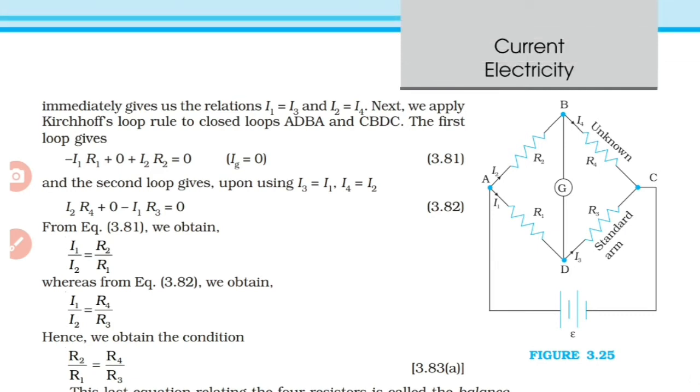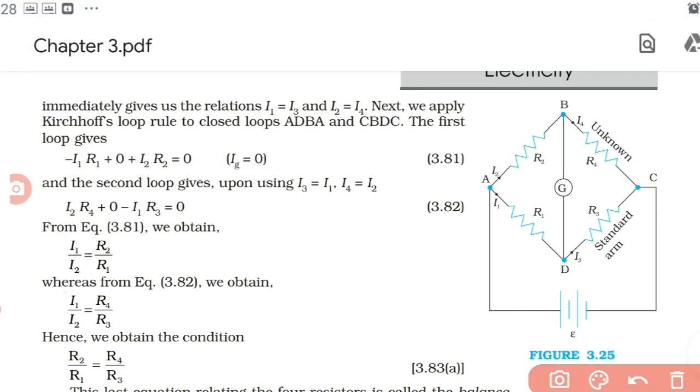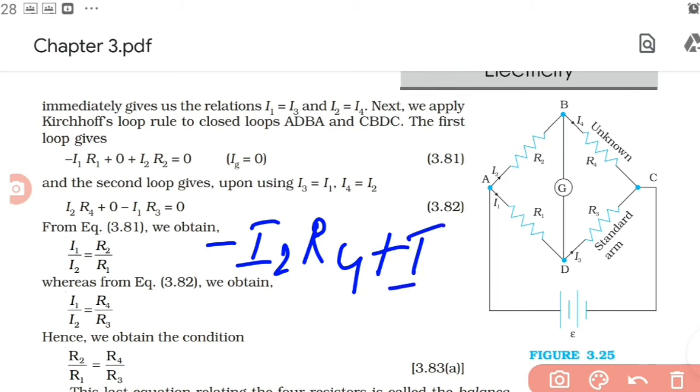So our equation becomes minus I2 R4 plus I1 R3 equal to 0. That is the second loop equation.